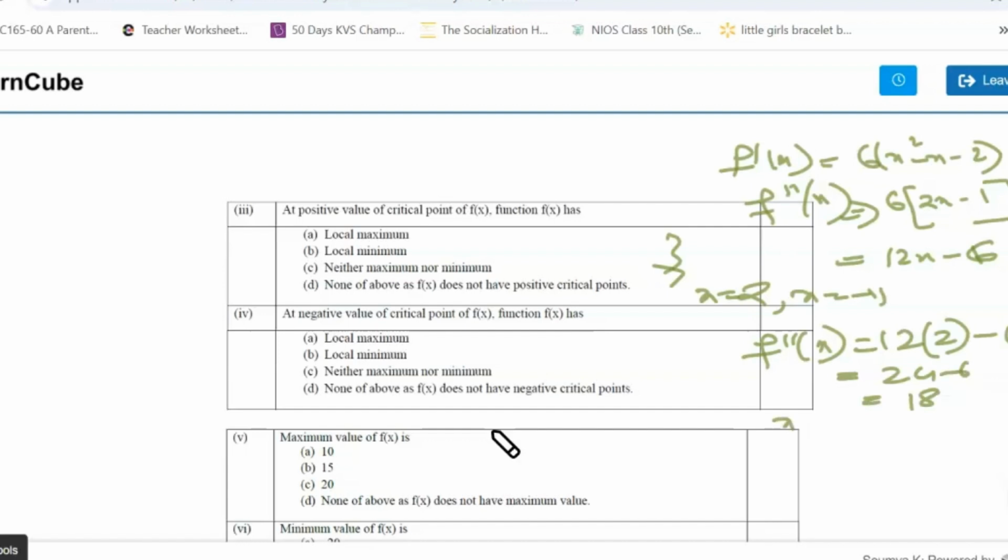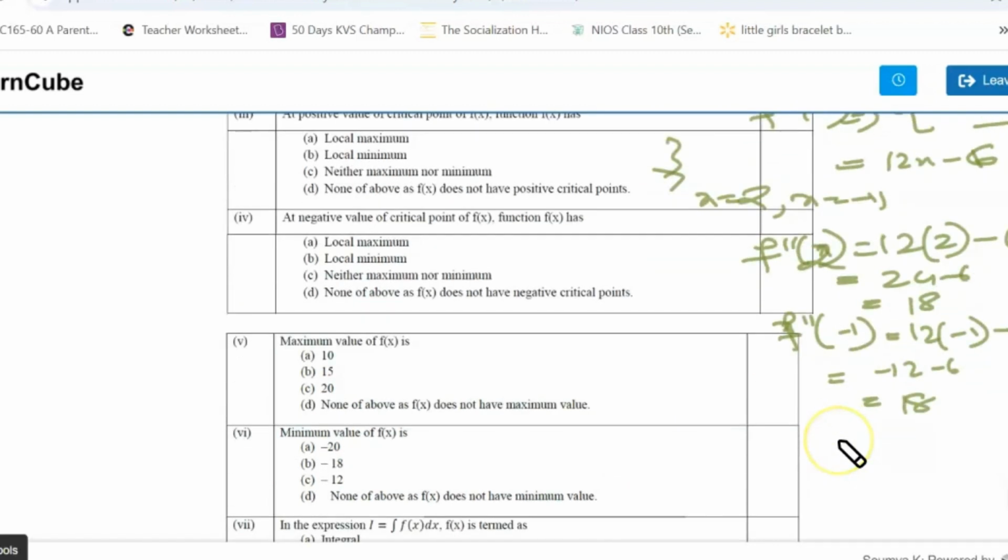Similarly, f double dash of minus 1 is 12 into minus 1 minus 6, that is minus 12 minus 6, which is minus 18. So 2 values you are getting. f double dash of 2 is greater than 0, and this is lesser than 0. So we call it local minimum, and this is local maximum.